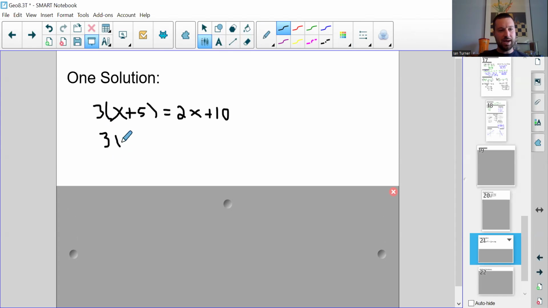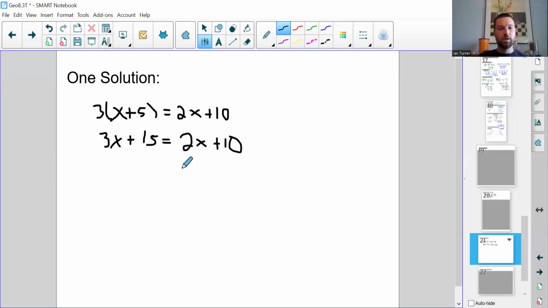We get 3x plus 15 equals 2x plus 10. Subtract the 2x, we get 1x. Subtract the 15, we get -5. So we get 1x equals -5. That's a solution to the problem.